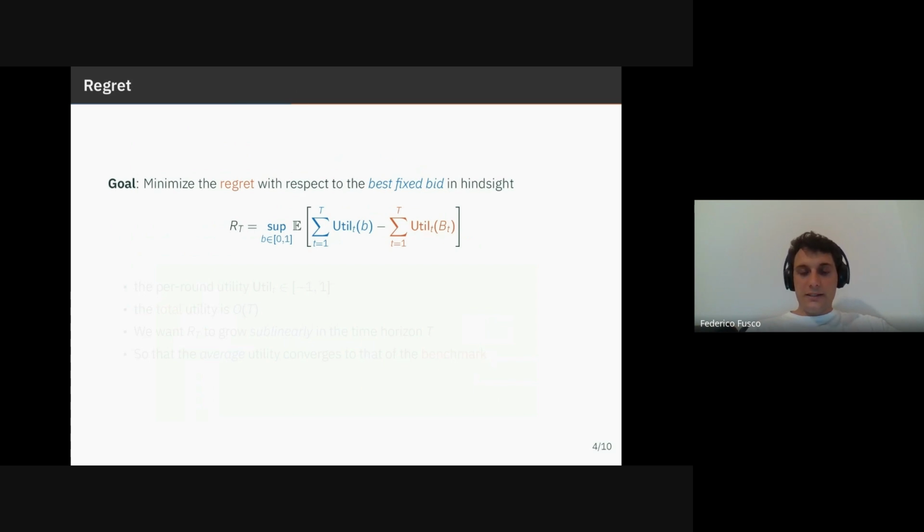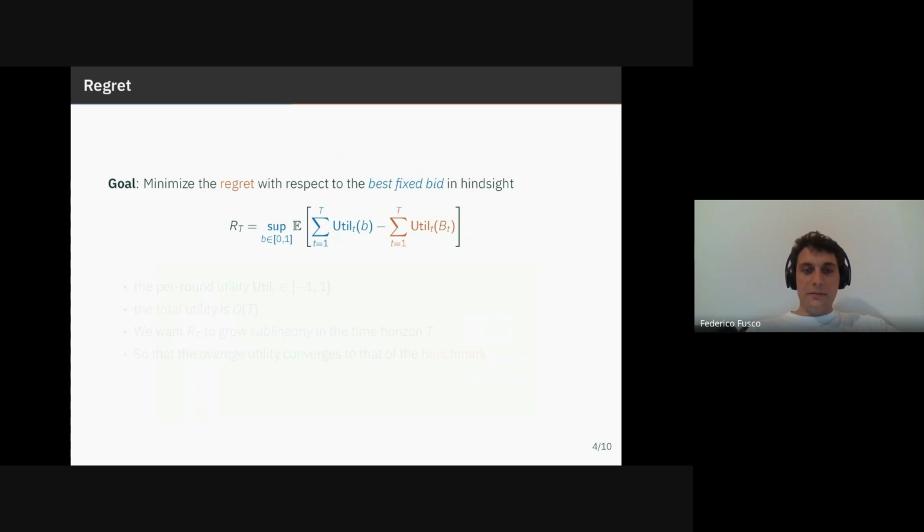Here we can see that the regret is defined as the difference between the utility of the algorithm in orange and the utility of the best fixed bid in hindsight. So we are giving to the benchmark the benefit of hindsight, but we are constraining it to always use the same bid, as is standard in online learning.